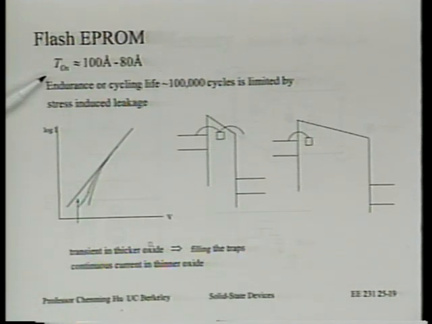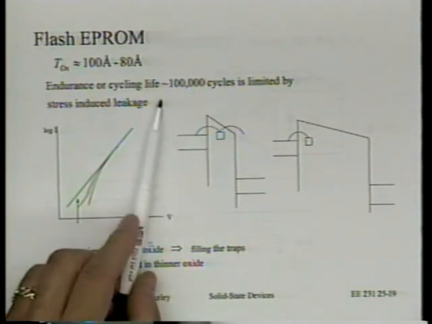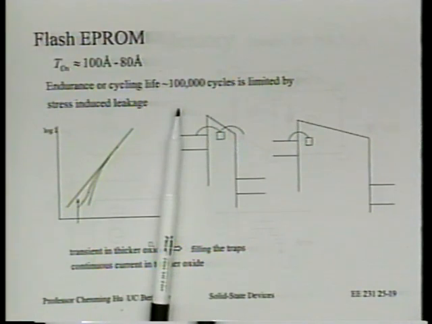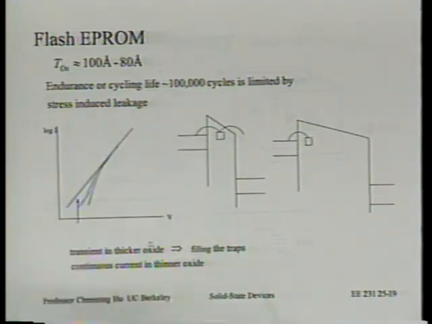And I'll explain the problem for that, which is something called endurance or cycling life. After this transistor gets programmed and erased certain cycles, the cell no longer is good, and I'll tell you what that means. Typically, the cycle is about 100,000 cycles, and in fact, manufacturers often have a very hard time meeting the specification.